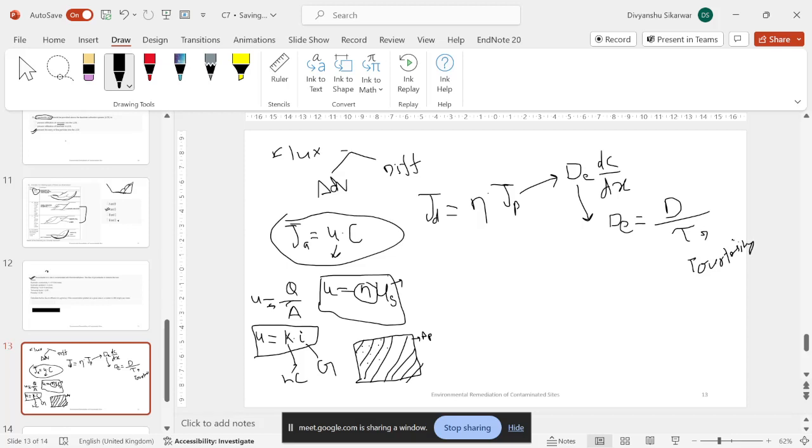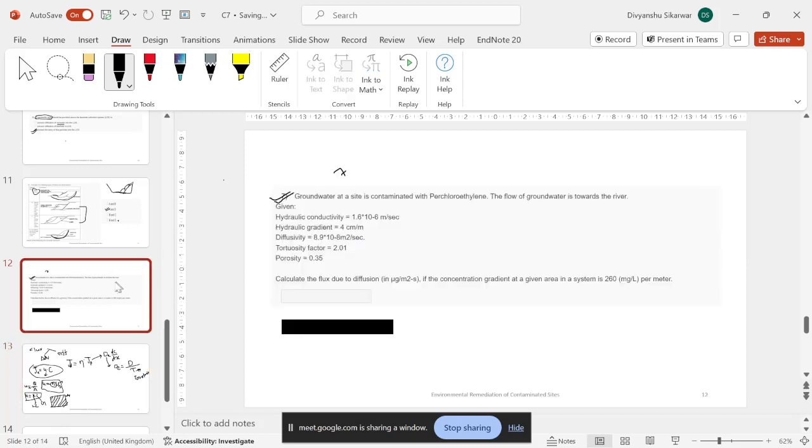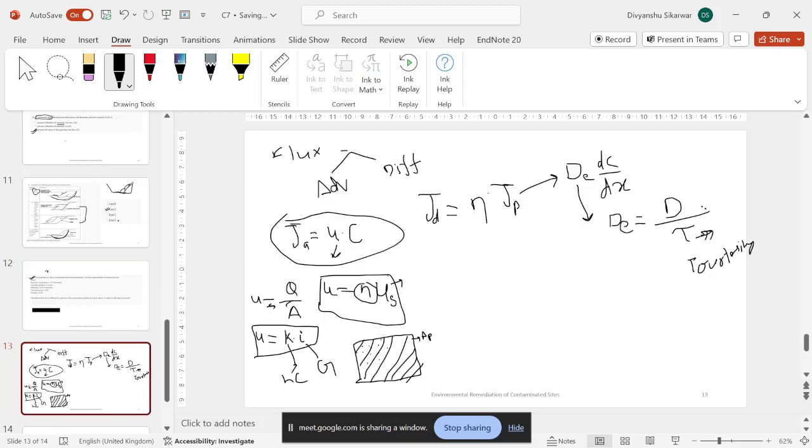If the tortuosity value increases, then does mass flow through the media decrease or increase? Increases. Hmm, I think it actually decreases.